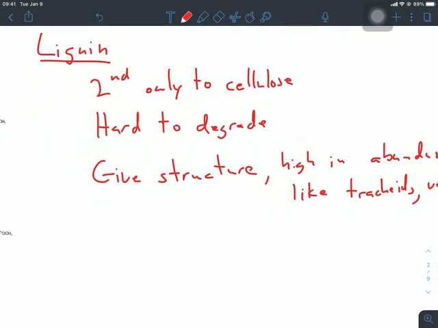In addition to being a structural component, it's also hydrophobic, meaning that it repels water. So by pushing lignin into your secondary cell wall, plants were able to force water to move along the surface of the cell wall. Water would not stay in the cell wall, and instead continued to move.